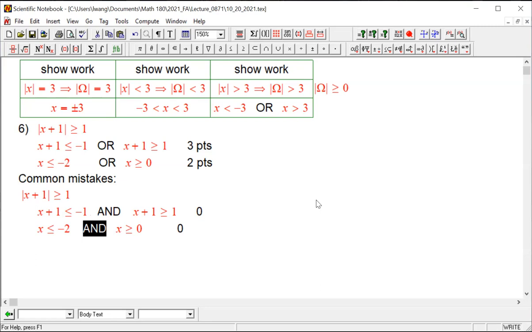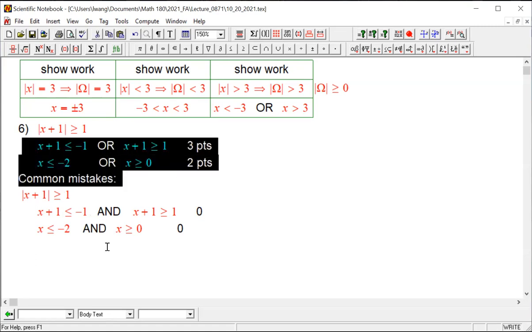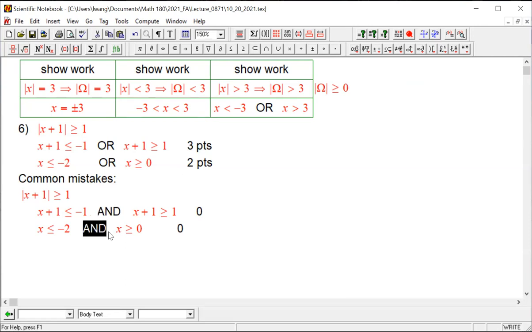Do you guys understand? In this case, if you have everything in place, but you use the wrong word, you're going to get 0. If I'm the person to grade your work, you're going to get 0, no question asked.